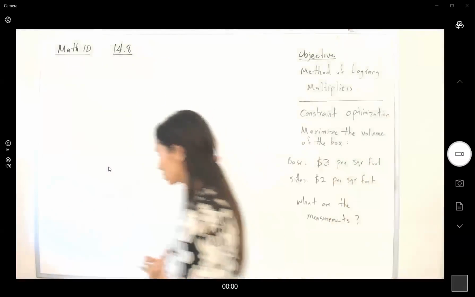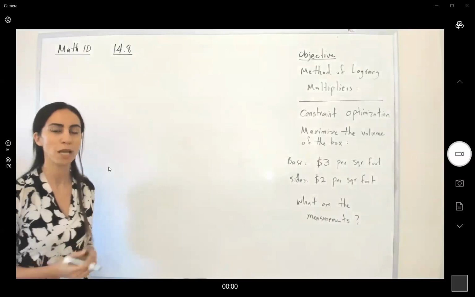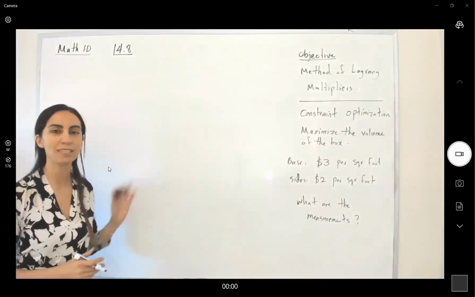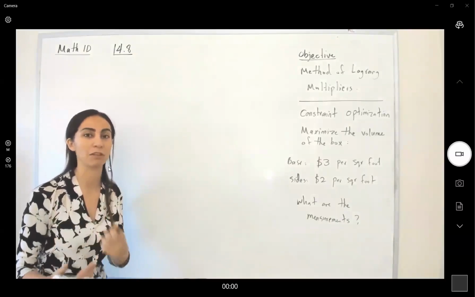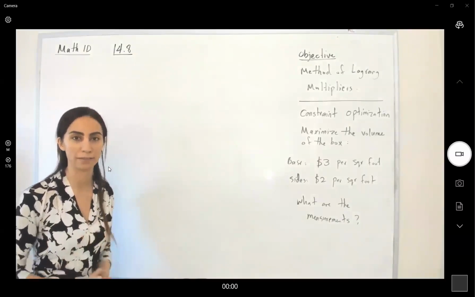So here's another type of question that we saw before, but I want you to see this question and try to connect it with the concept that we learned in this class, gradient.